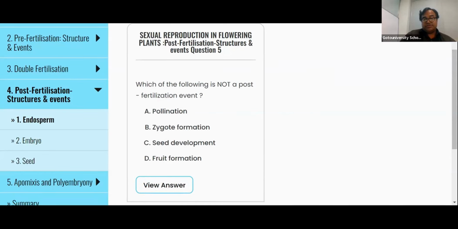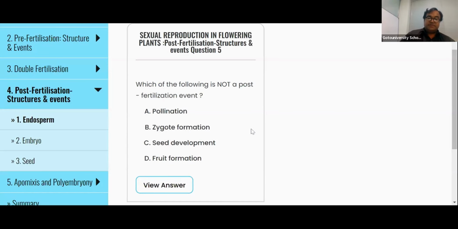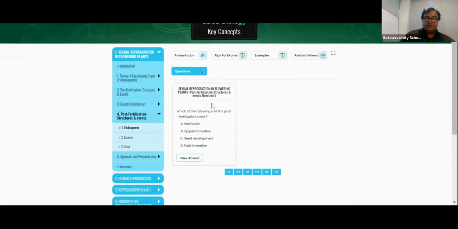Fruit formation, seed formation, zygote formation, all these things are the post-fertilization phase. So pollination is the correct answer.